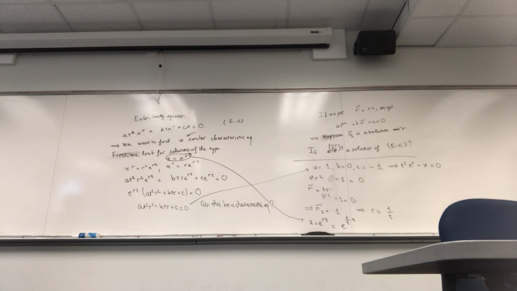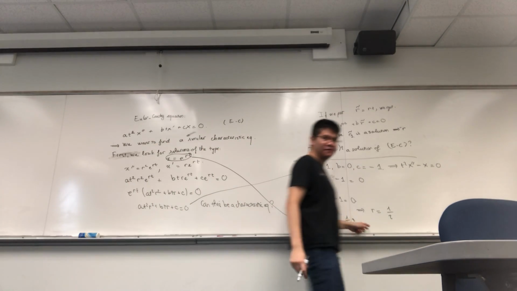Why? If we plug that back in, x double prime would come to 0 because it's a constant. x prime would also be 0 because the derivative of a constant is 0, but it's not a solution because you get c times e, which is not equal to 0. Right. So you lose everything here.